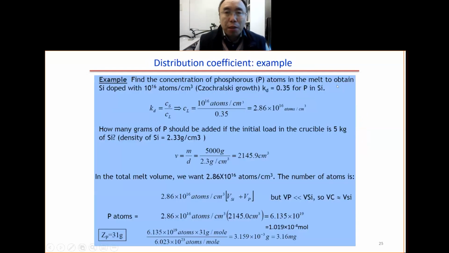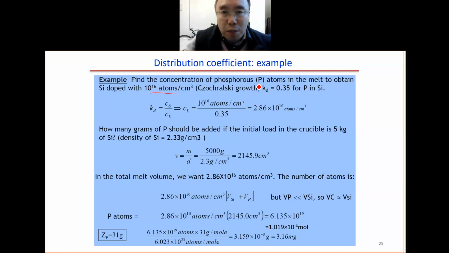Now let's give an example to calculate how much dopant we need to put into the melt in order to have a given dopant concentration in the solid. We want to find the concentration of phosphorus in the melt to obtain silicon doped with 10 to the power 16 atoms per cubic centimeter.